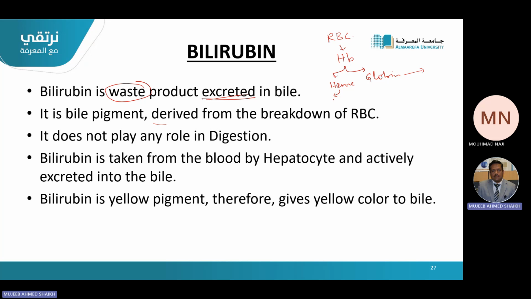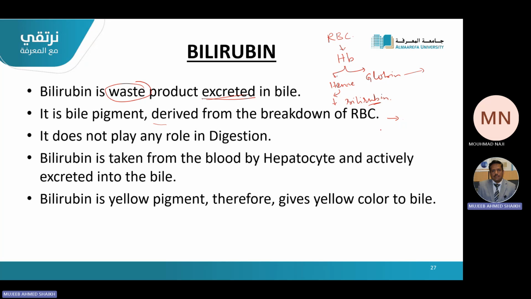But the heme part will go through many steps of reaction to form bilirubin, which is a waste product. So it will not be reabsorbed, it will be removed from the body, and it is excreted by the liver cells. So bilirubin is an end product of hemoglobin metabolism. And liver cells are excreting it, removing it from the body continuously.